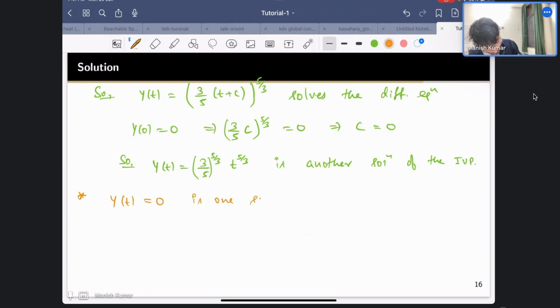The second solution is given by this, so let me write another notation: y tilde of t, you define it as the function 3 by 5 t to the power 5 by 3, which is another solution. Now you can define it in this fashion as well.